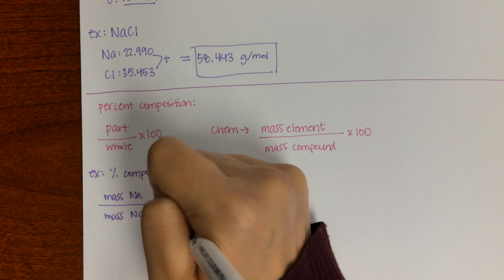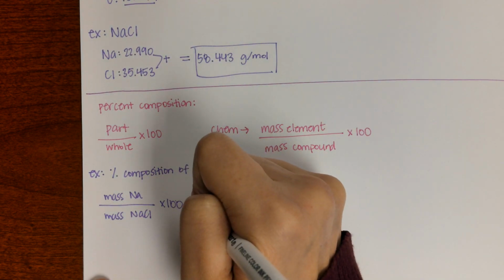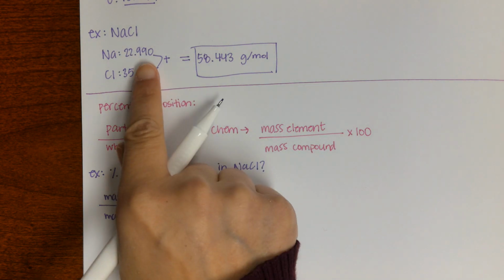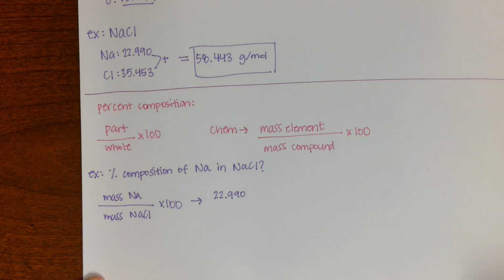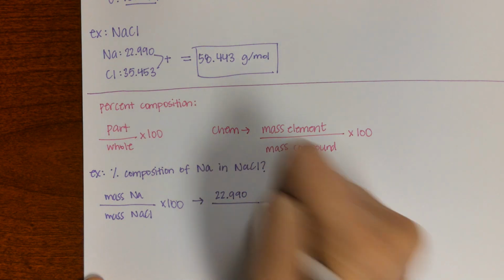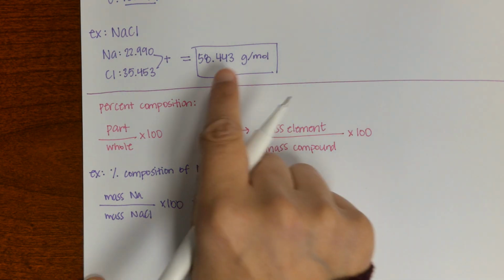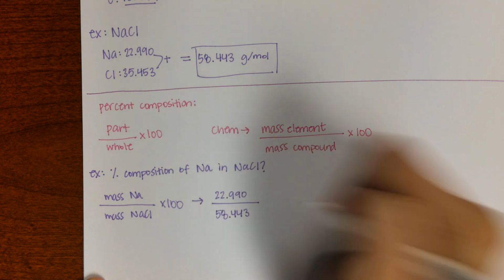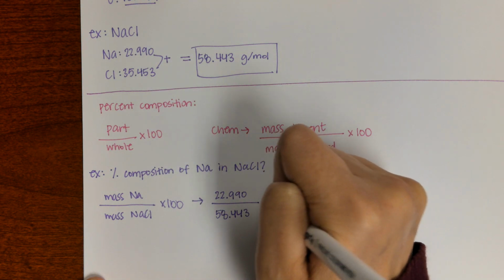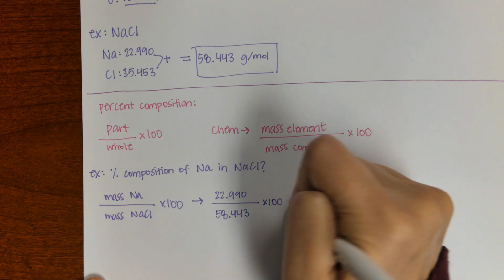And again, you multiply by 100 at the end. So my mass of sodium is 22.990 divided by the mass of my entire compound, 58.443, and we're going to multiply that by 100 after we divide.